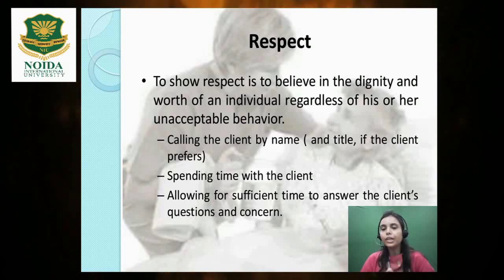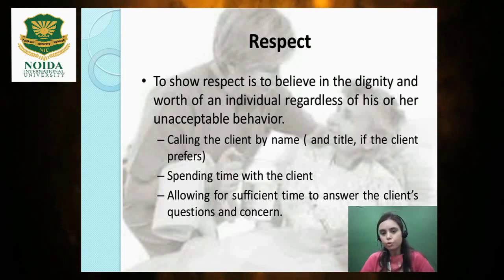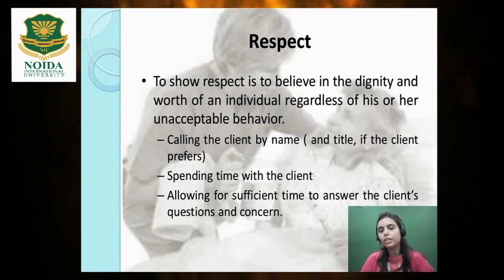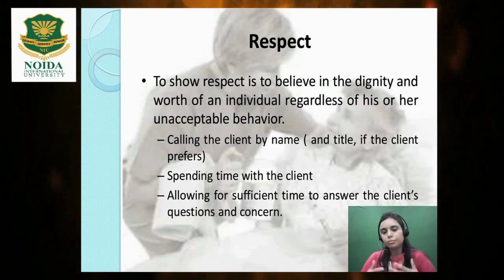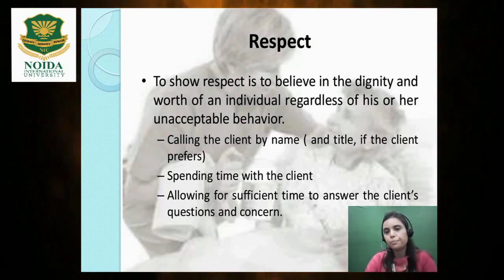We can ask the members, including the patient as well, to help collect data. We have to resolve their questions and queries at the treatment time. These are the situations where we can show respect towards the client.